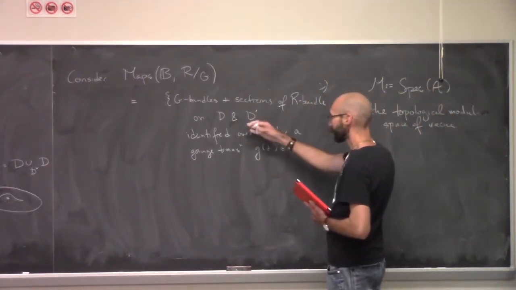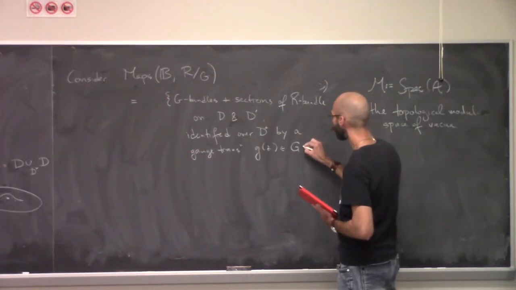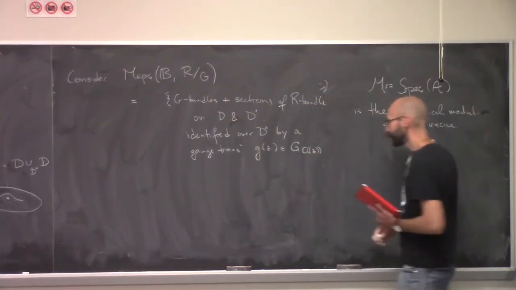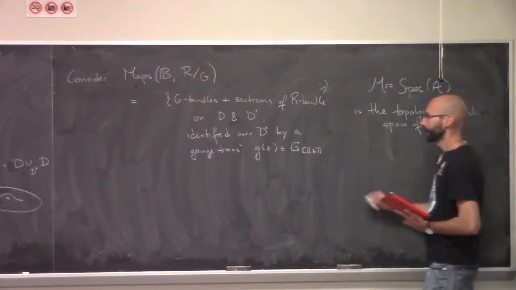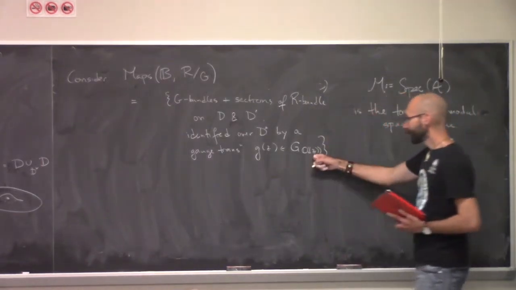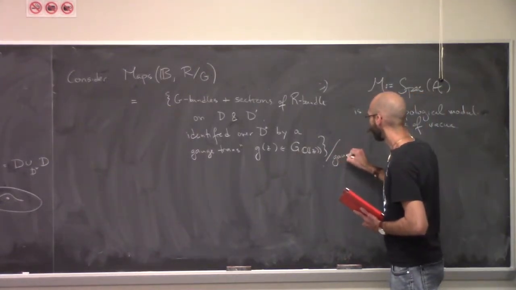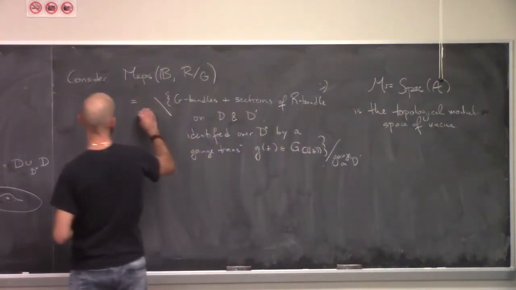It's gauge transformations on the punctured disk, meaning G, but defined over formal Laurent series, matrices of Laurent polynomials. So allowed to have a singularity at the origin, and this is modulo gauge transformations on the two disks.